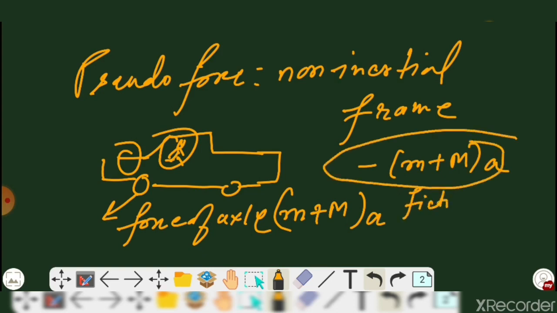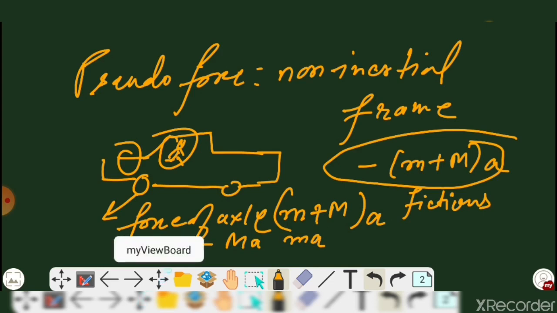If the car is not moving, it means it is at rest, so the net force will be zero. So there exists a fictitious force in the case of the non-inertial frame, where Newton's first law is not valid. The car is subject to the fictitious force ma, and the passenger has this ma as well. When the fictitious force is considered as minus ma, what is the force produced by the axle?